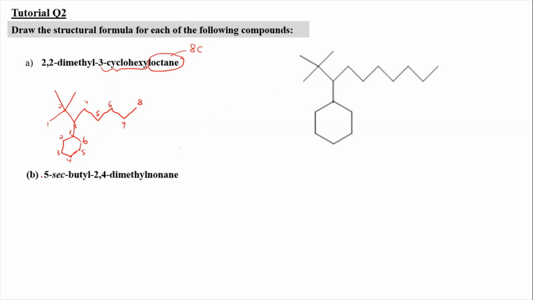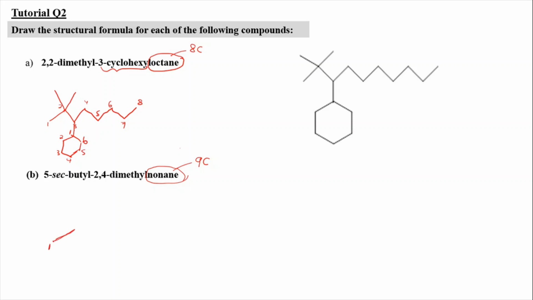And then for question B, we have to draw the structure of 5-sec-butyl 2,4-dimethyl nonane. We are going to start with the parent name first, which is nonane. Nonane here refers to a straight chain alkane which has 9 carbons. So we're going to draw a 9 carbon chain, starting from a zigzag straight line.